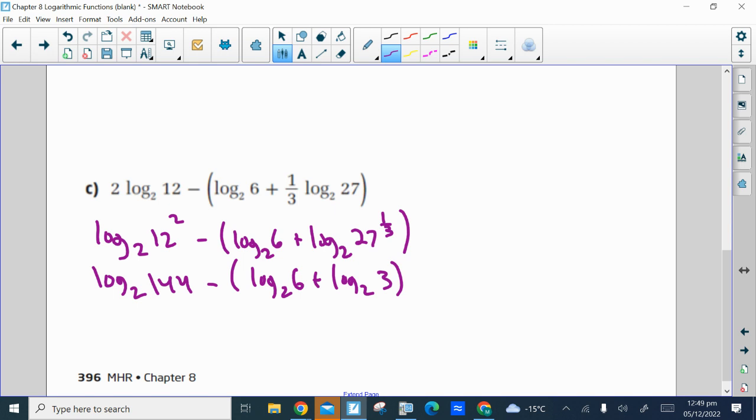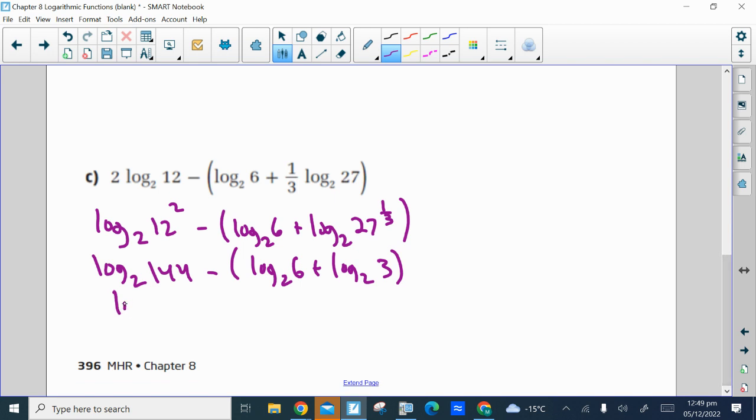And now, because I've got those two terms inside the brackets expressed as individual logs, and because those two logs are added together, I can use the product law to combine them. It'll be log base 2 of 6 times 3, or log base 2 of 18.